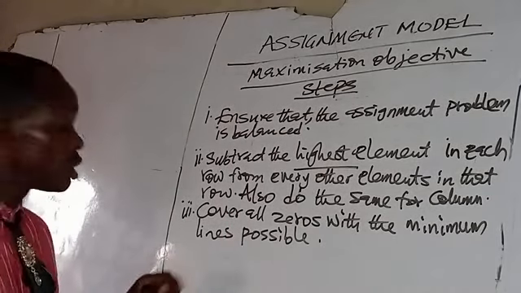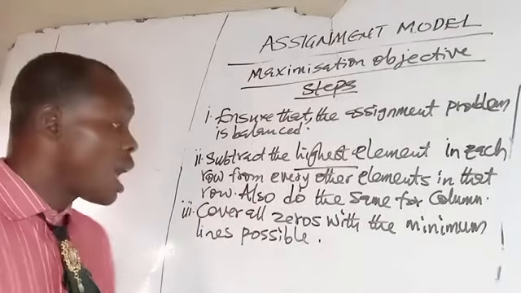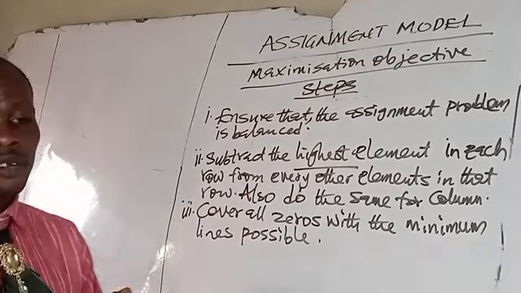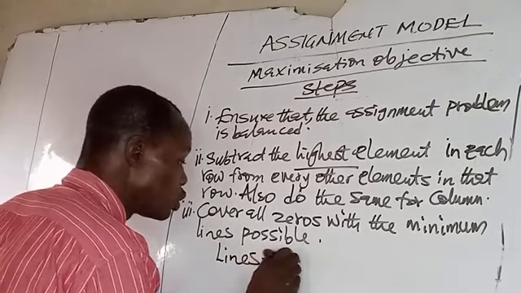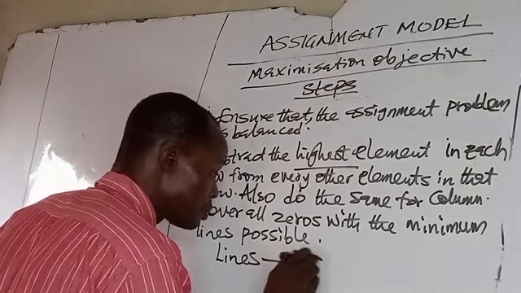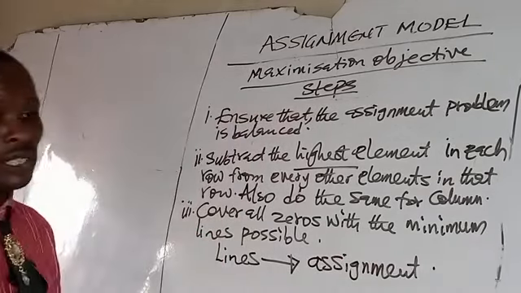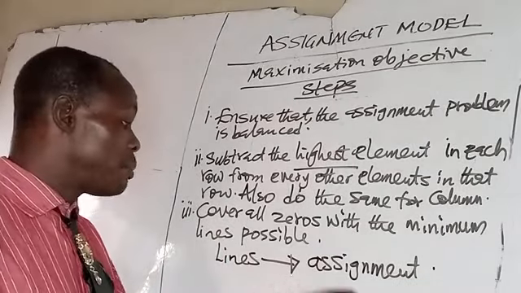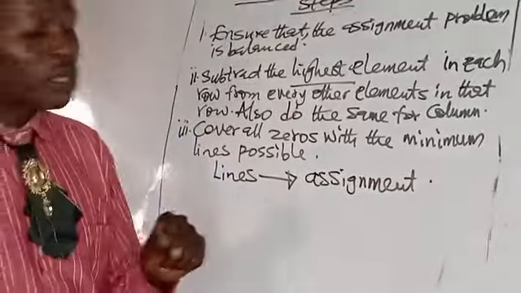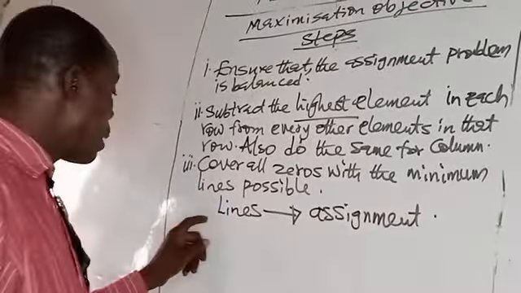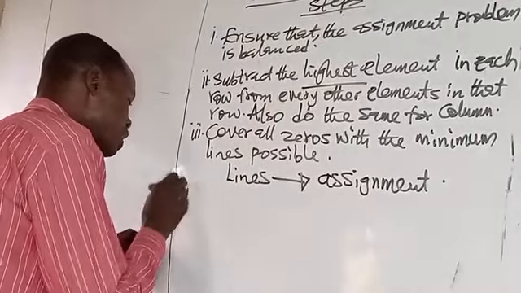Where the number of lines equals the number of assignments, that means the optimal solution has been achieved. But where the number of lines is not equal to the number of assignments, there is no solution yet. Then you proceed to the next step.